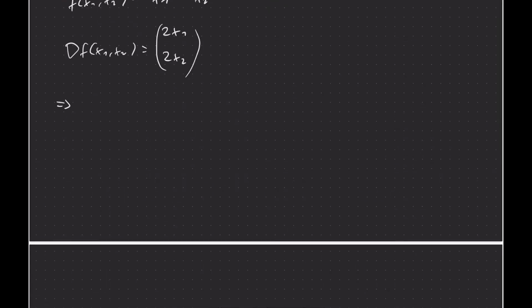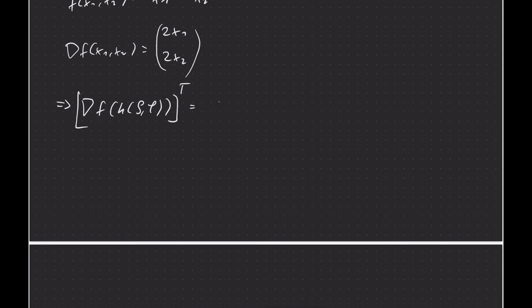Then, to get the gradient of f of h of rho and phi, what we have to do is apply the chain rule. So let's transpose that first, because we want to use it with differentials, and that's the transposed version.